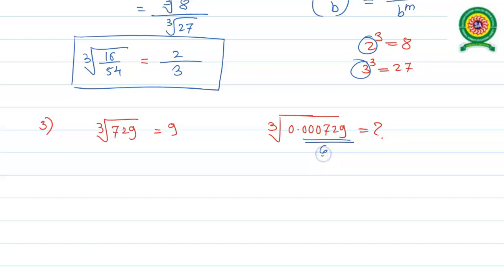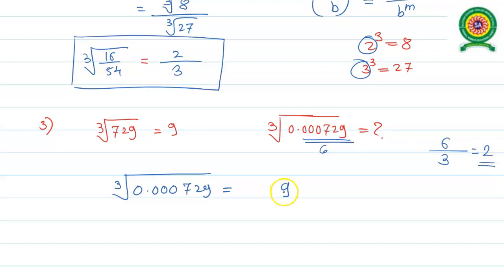After 6 places. So once we are finding the cube root now, let us divide the number of places by which we have the decimal by 3. That means 6 divided by 3 becomes 2. So for finding the cube root of 0.000729, we have to put the decimal after 2 places to 9.